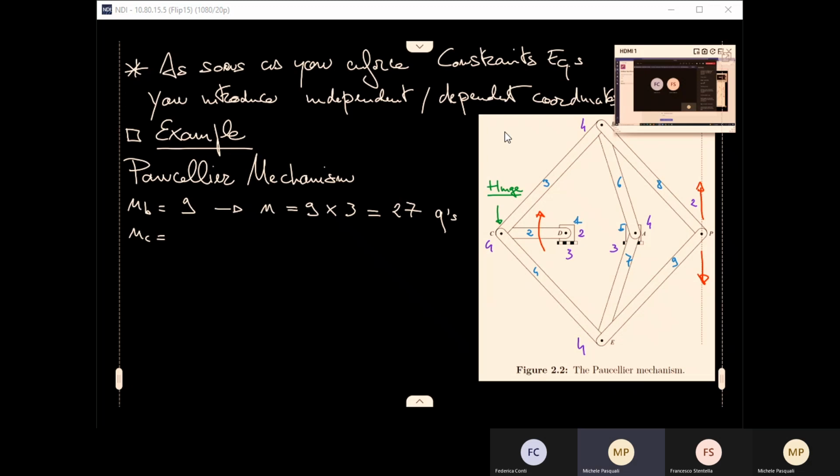So let's make the count. We have 4 plus 4, that's 16 in total for the triple hinges, plus 2 simple hinges, and then we have 2 fixed constraints. It's 3 plus 3, so it's 6. So it's 26 constraints.